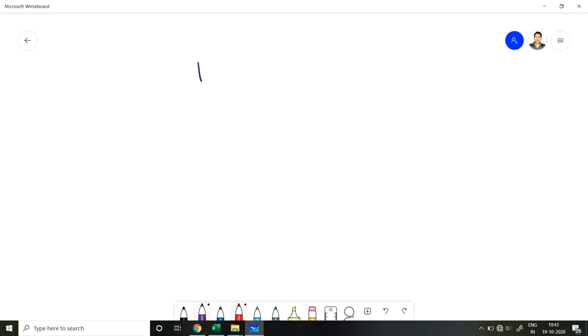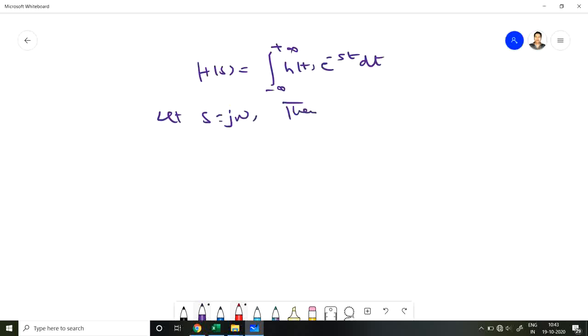Now H(s) is equal to the integral from minus infinity to plus infinity of h(t) e raised to the power minus st dt. Let s equal j omega, because we want to find out the imaginary axis.